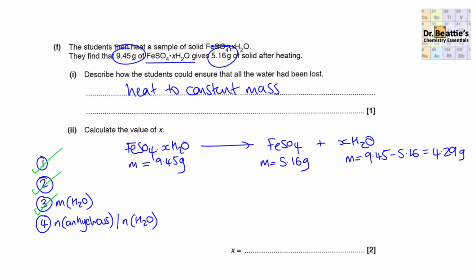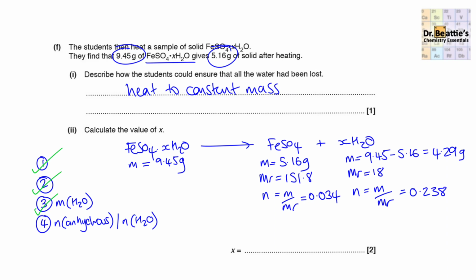So we need the Mr of iron sulfate, gives us n as being mass over Mr. So 5.16 divided by 151.8, 0.034. We do the same approach with water, the Mr of water being 18. And so we do 4.29 divided by 18, 0.238.